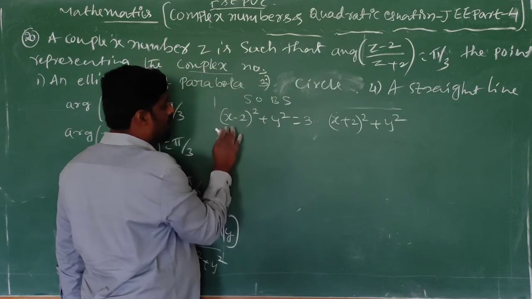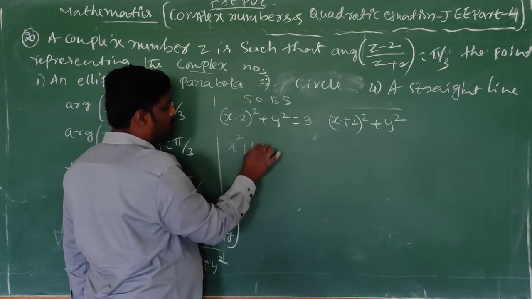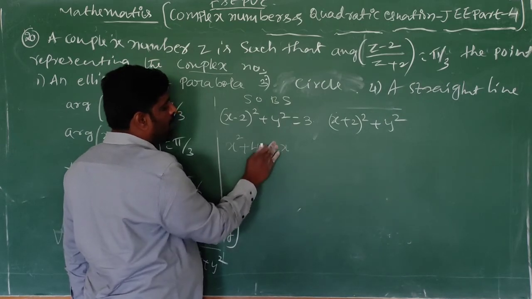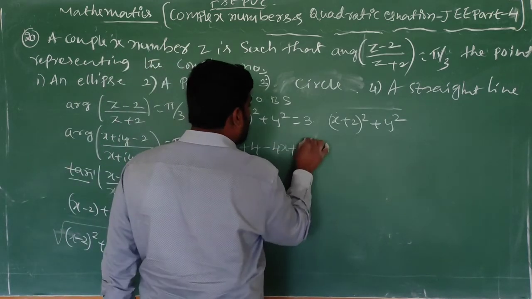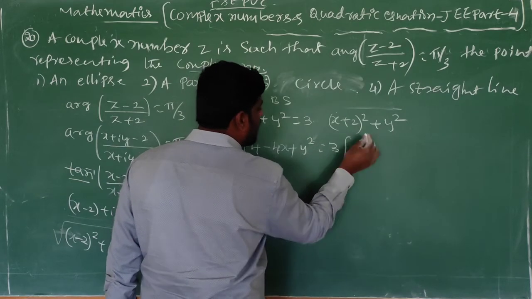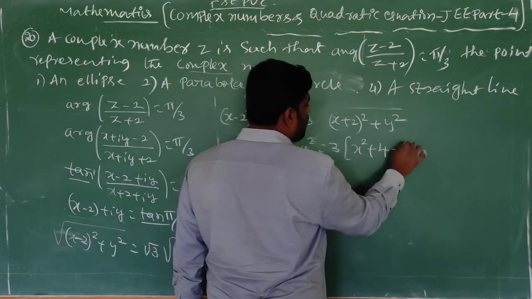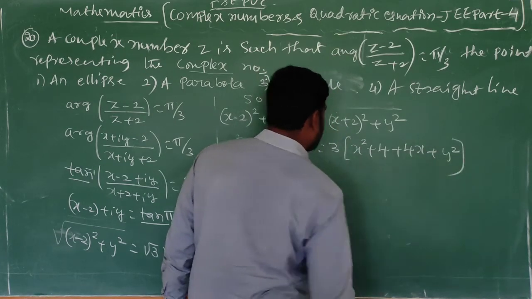So now (x minus 2) whole square means x square plus 4 minus 4x. So x square plus 4 minus 4x plus y square is equal to 3 into (x square plus 4 plus 4x plus y square). Okay.